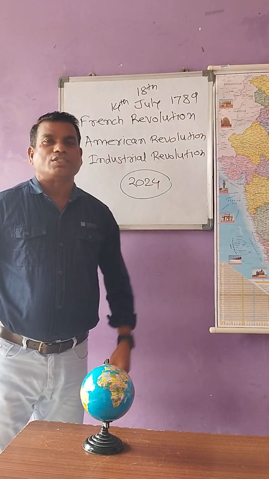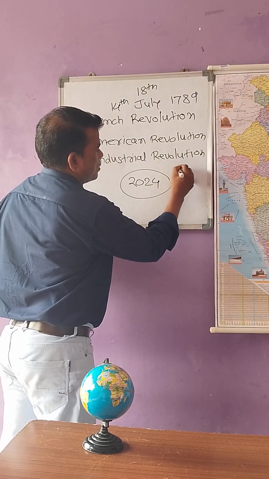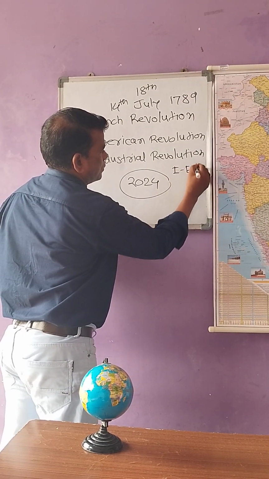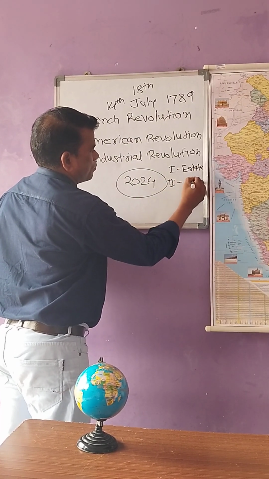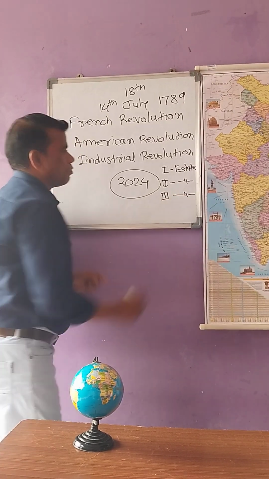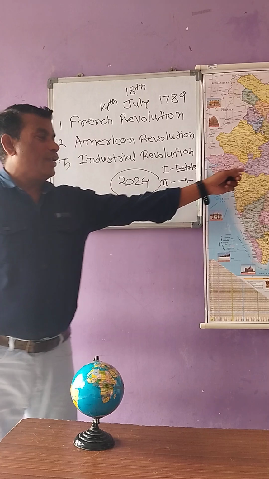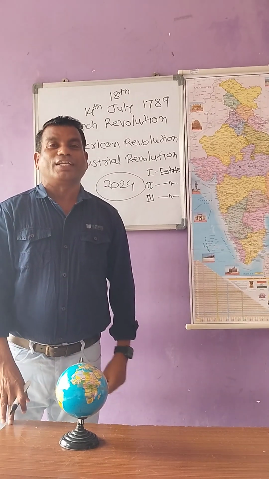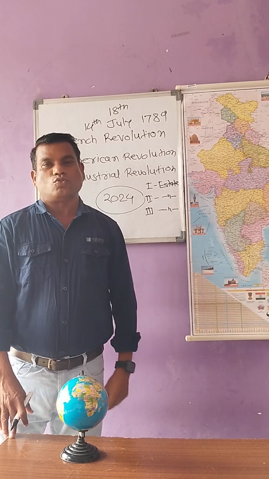France was divided into three states, the first state, second state and third state, as in India also in the 18th century there were different classes like Brahmin, Kshatriya, Vaishya and so on.